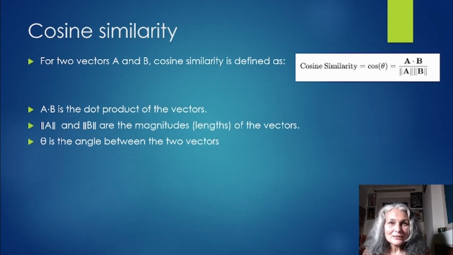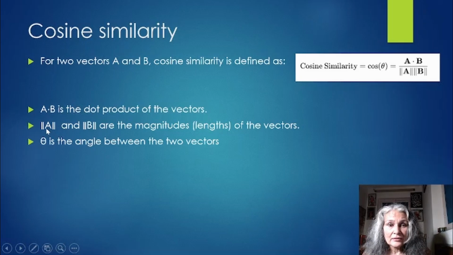Typically, there is a very simple way by which a vector similarity is measured, and that is, if you have two word vectors A and B, cosine similarity is defined as the cos theta, that's the cos of the angle, which is defined as A dot B, and I will explain this formula a little bit, divided by the magnitude of A and the magnitude of B. Now A dot B is the dot product of the vectors, which I will explain.